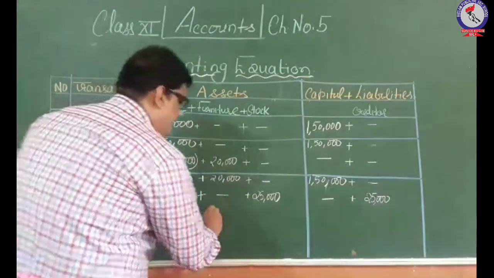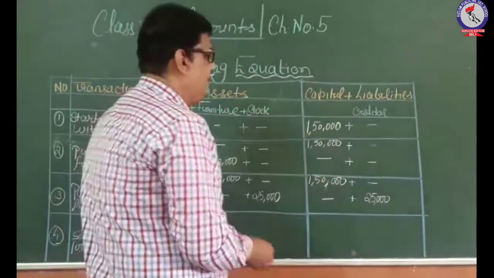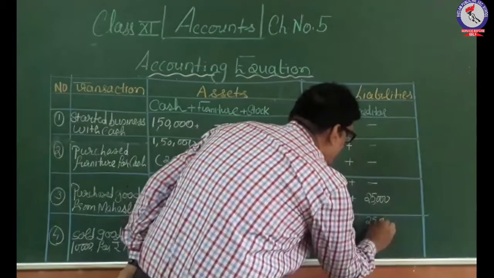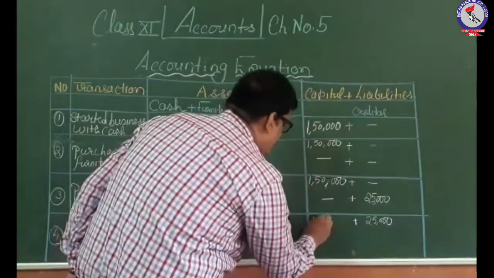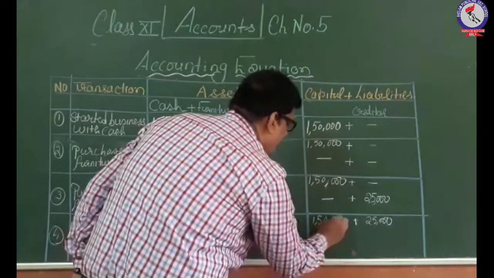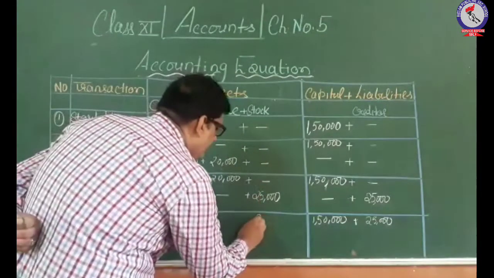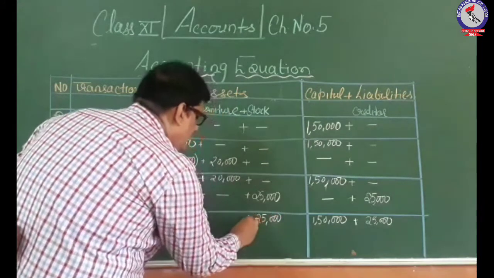Now let us observe what is the situation. So here 25,000 is your creditor after this transaction, and there is no change in your capital, so 1,50,000. Stock introduced, so 25,000 is now the stock.